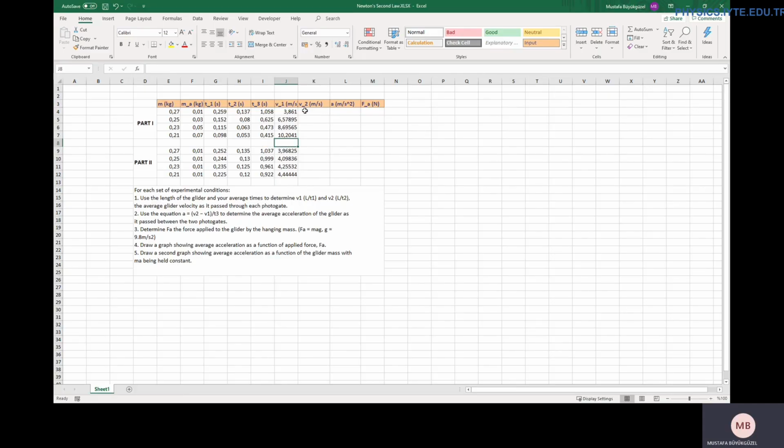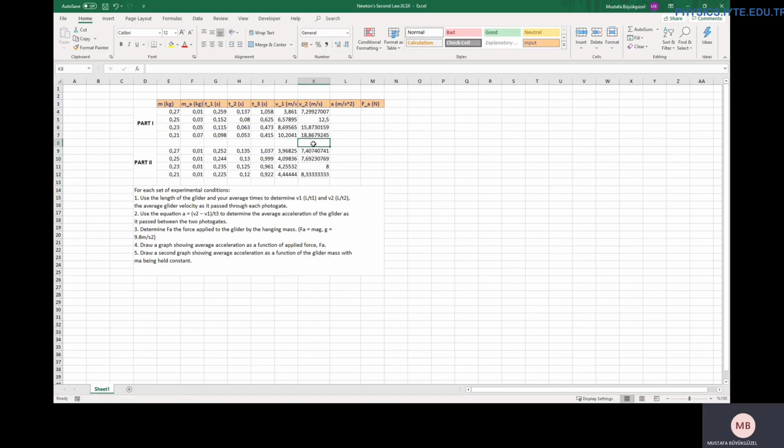This row is empty, that's why it's dividing by 0. I will just delete that and go to the second velocity measurements, which will be again 0.1 over the time measurement from the second photogate, and pressing enter will give me the results.